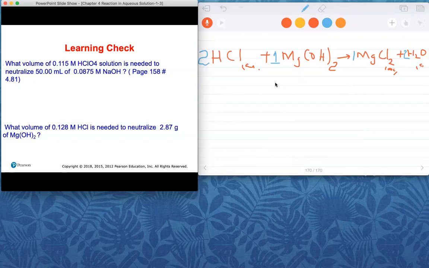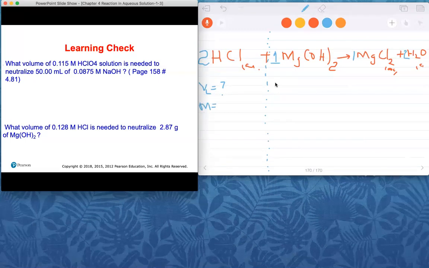If I draw the broken line just the way I did and write the information for each species, what do I know for each reagent? What I know for the first one is the volume. That means I'm looking for volume in liters, question mark. What volume of HCl? Molarity, I don't know the molarity.